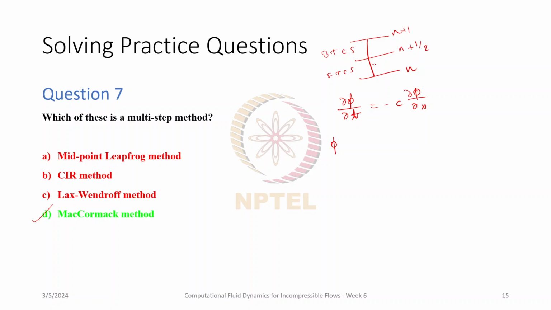If the first step is FTCS, then we find a provisional value of phi star, which I'm writing here. This corresponds to the n plus 1th step, but we are not explicitly writing it as so.